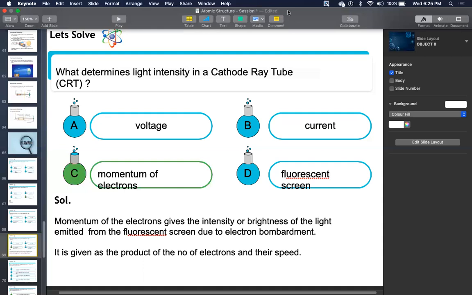Understood? Now they are asking about the intensity. So the intensity or brightness of light depends on the momentum of the electron due to electron bombardment. Yes. So if we get multiple choice, not single choice, can we go with voltage as well? Yes, then you can go for voltage.